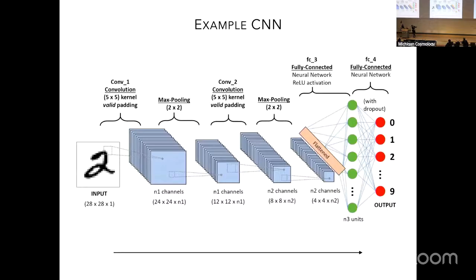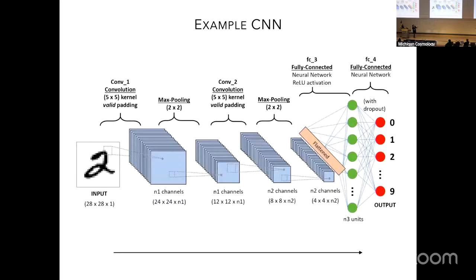And then I'm going to have another downsampling. At some point, I'm going to be happy with the size that I have, so I'm going to flatten all of that into a vector. And I'm going to put a bunch of fully connected layers, exactly the layers that I showed in the first part of the talk. Those fully connected layers at the end are going to map to the outputs that I want.